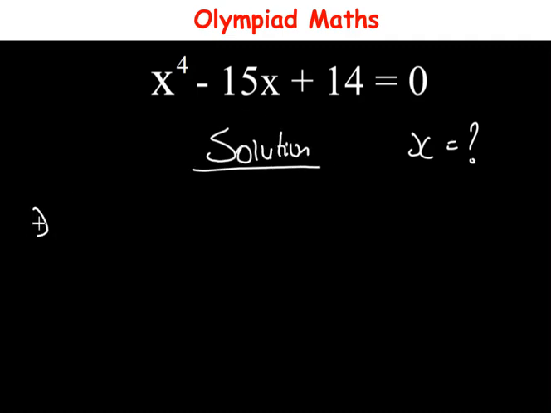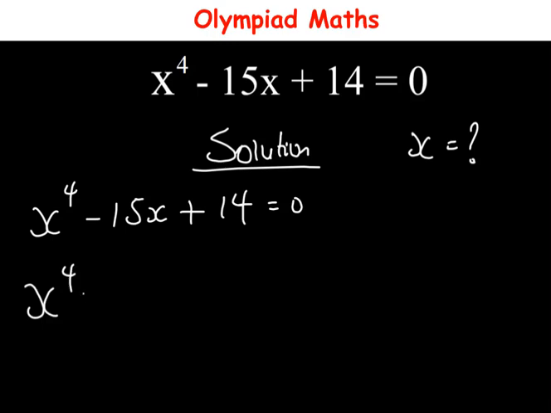Now we have x raised to power 4 minus 15x plus 14 is equal to 0. So with this, we are going to add plus 1 to both sides of the equation such that what we have is x raised to power 4 minus 15x plus 14, then add plus 1.